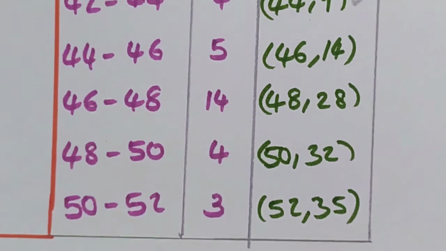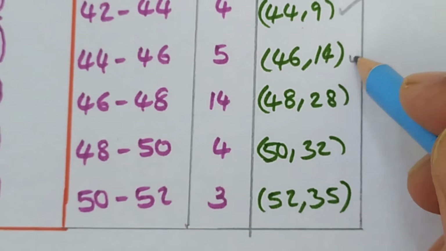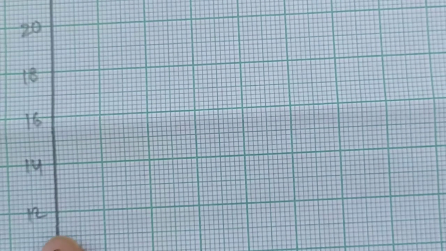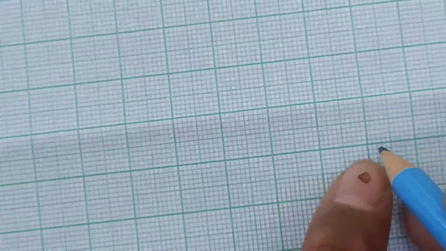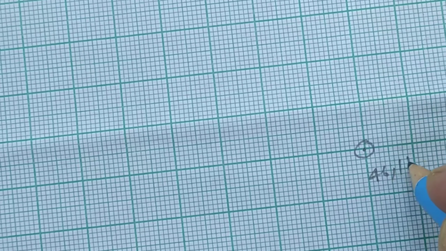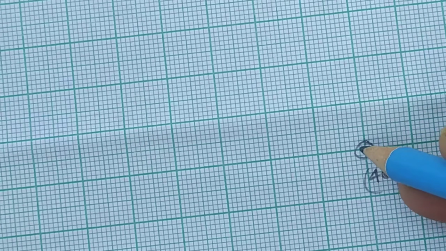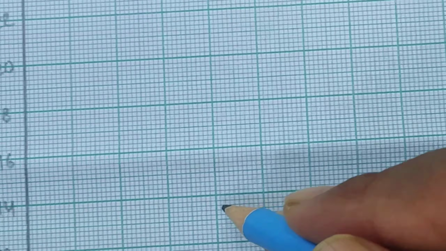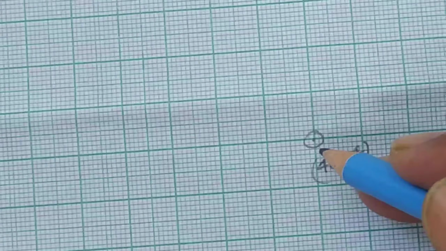Now next one is 46, 14. See here, this is 46, and from this side this is 14. This is 46 comma 14. Observe here, this is 46 and here this is 14.